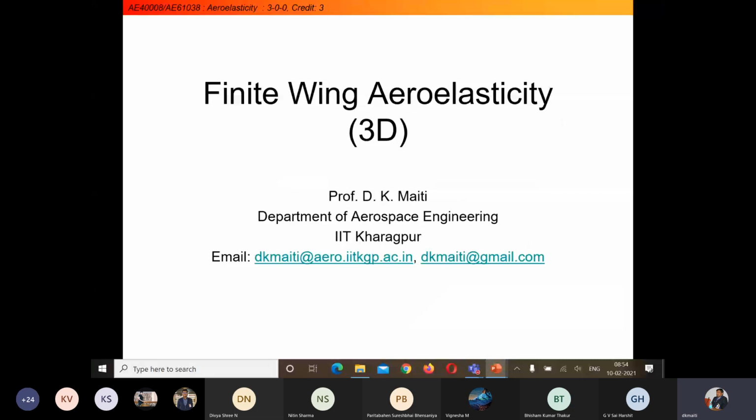So I'll be starting with this new topic, that is finite wing aeroelasticity. So far, whatever I have discussed was with the aerofoil and with a unit span direction, considering that it is from an infinite, infinitely rectangular wing; we take a small portion and idealize it as a two-dimensional model, and then we have studied the effect of aeroelasticity on the aerofoil section.